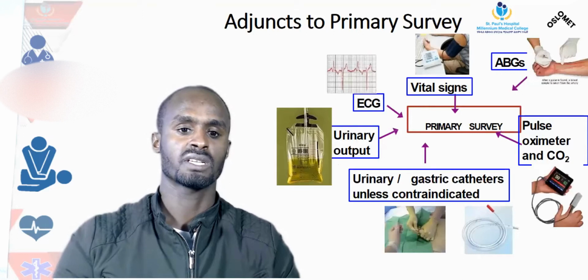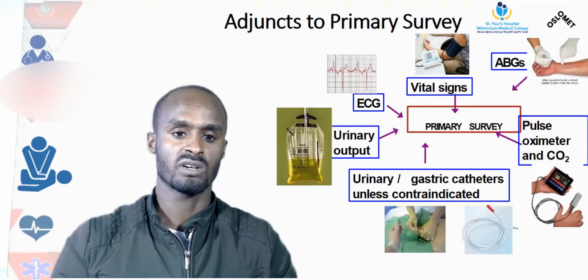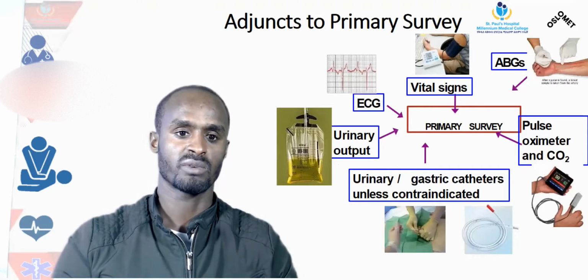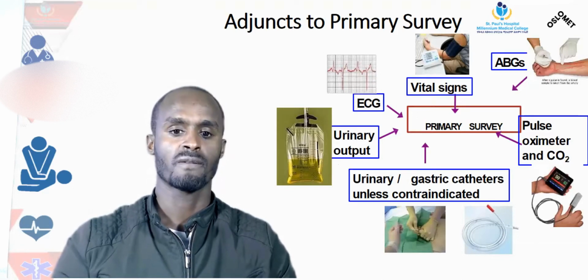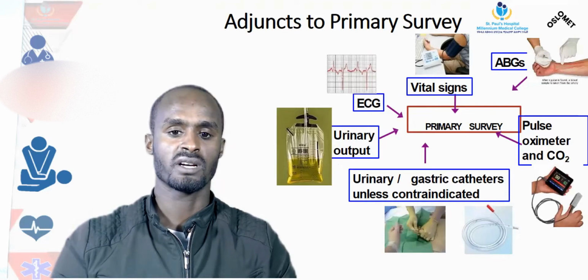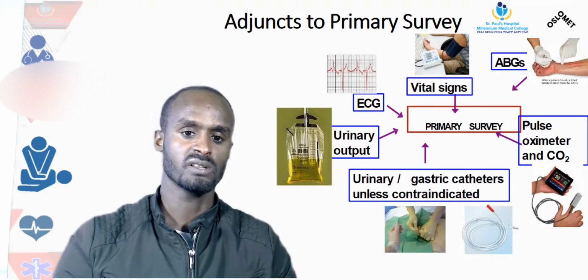Finally, during primary assessment and intervention, there are adjuncts we can use, like ECG, vital signs, and arterial blood gas to assess the oxygenation of the patient and the acidosis or alkalosis status of the patient.